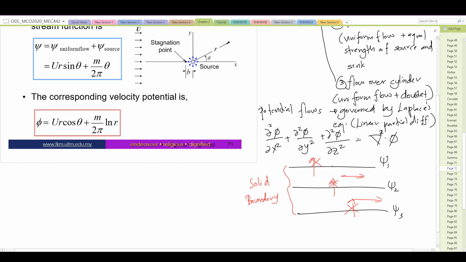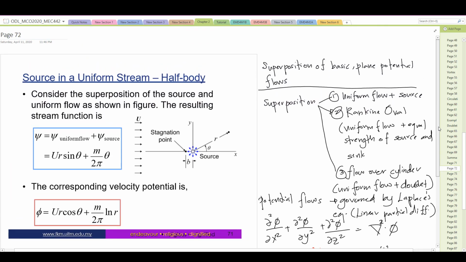Since the condition along a solid boundary and a streamline are the same, which is no flow through the boundary or streamline, that is what we recalled from the previous lecture. Today we start with superposition of uniform flow plus source. This lecture focuses on uniform flow plus source.